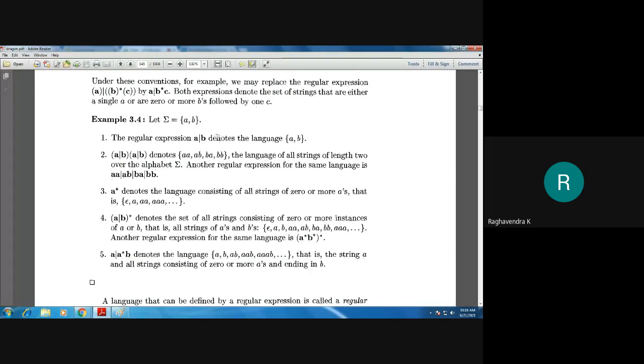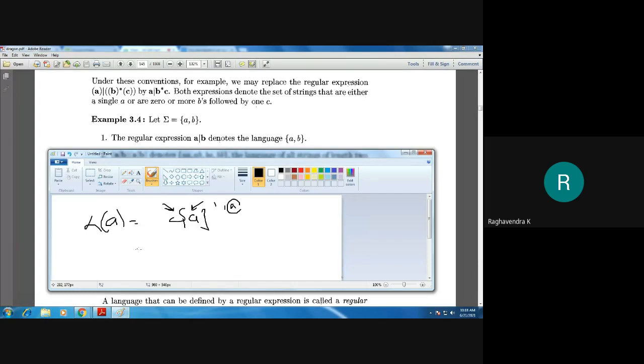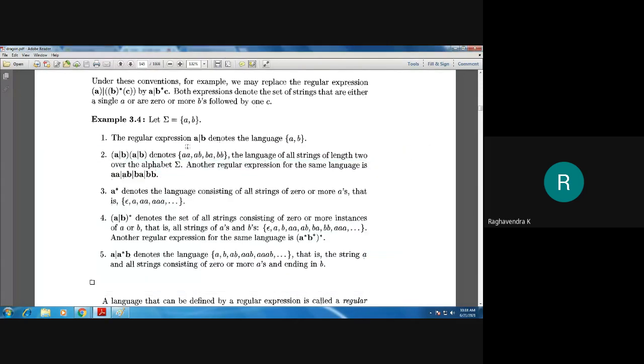If I write a | b, what does it denote? What is the language that is identified by this particular regular expression? It will either match a or it will match b, correct? Not both together, either this or this. So the language that it denotes is {a, b}.